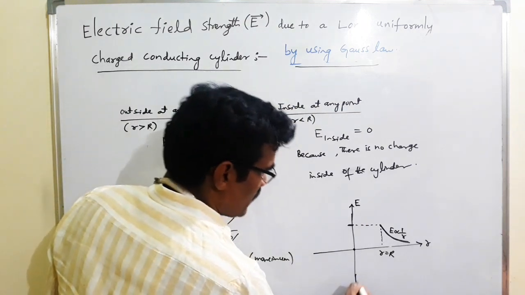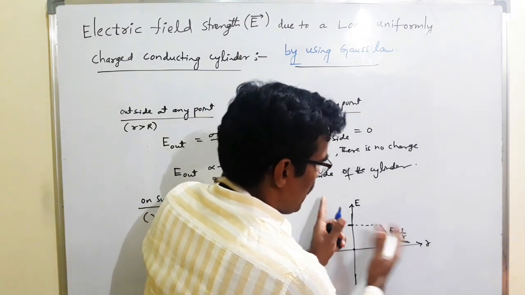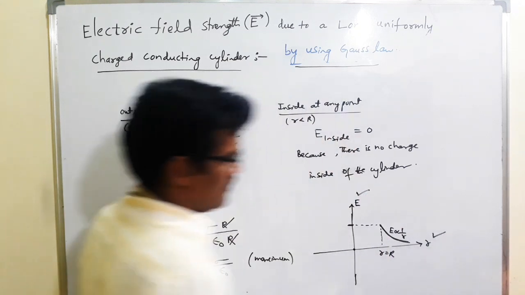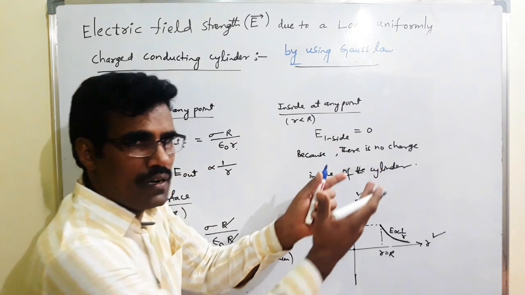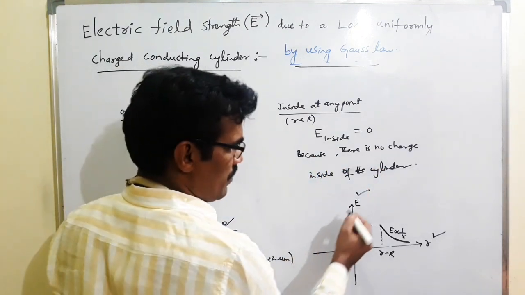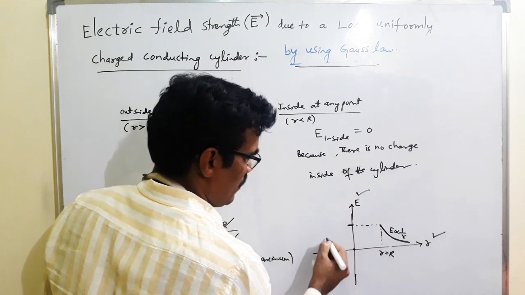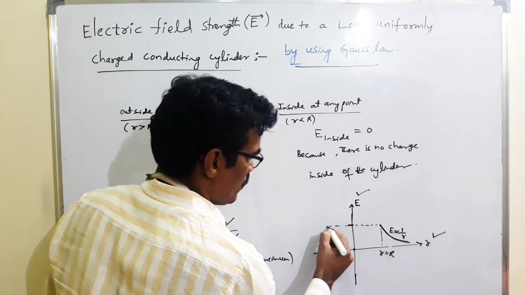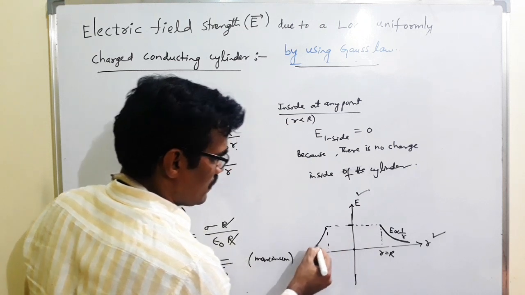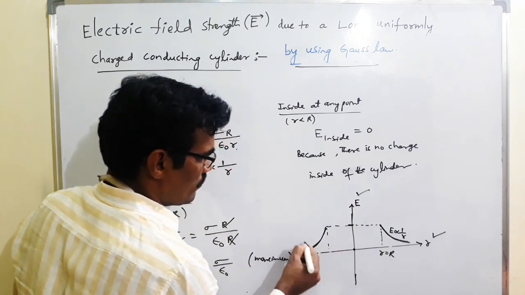Here this is the magnitude of the intensity of electric field against distance. The field is only on the right side; on the left side there is no field. When a graph is drawn of the magnitude only, magnitude is always positive, that's why it is drawn like this.